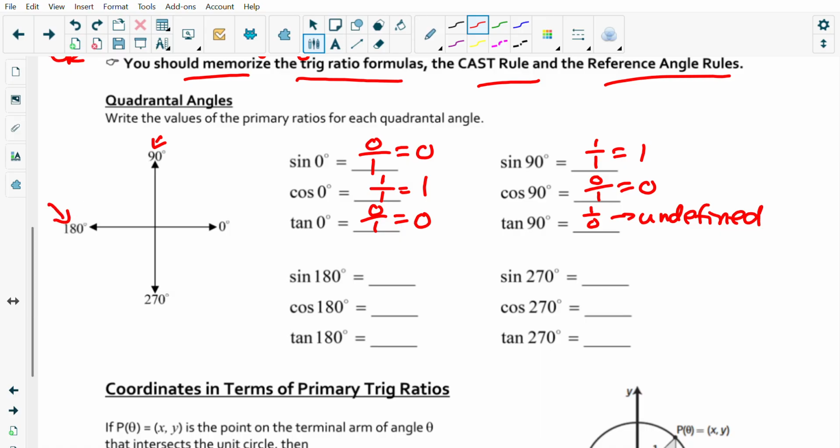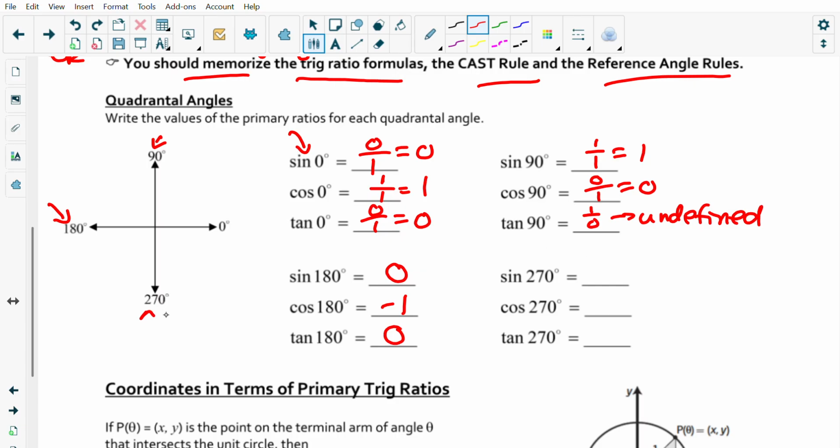180. So if we look at the values for the primary trig ratios at an angle of 0, the sine ratio, likewise, at 180 is still going to be 0. Cosine, instead of 1, now it's on the negative x side, so it's going to be negative 1. And then the tangent is still 0 because of the sine over the cosine ratio.